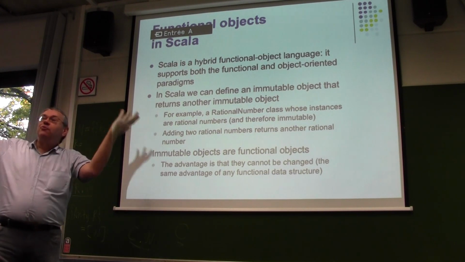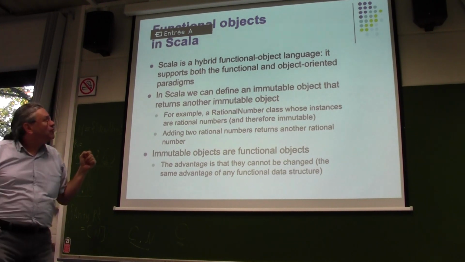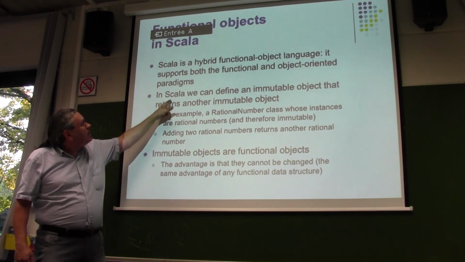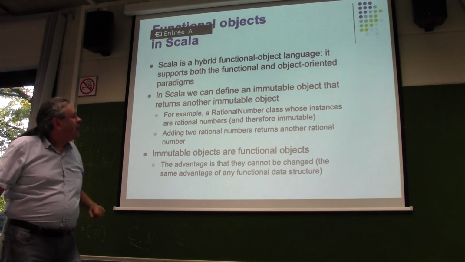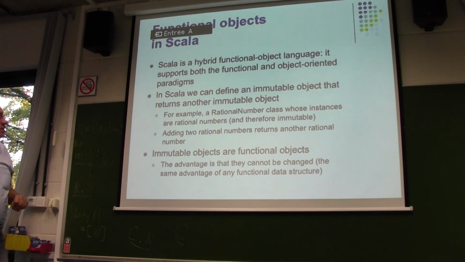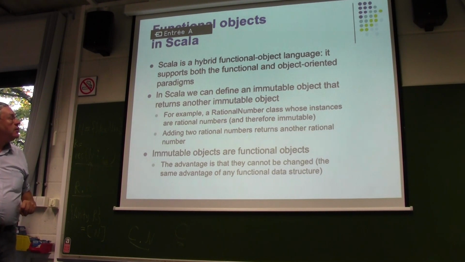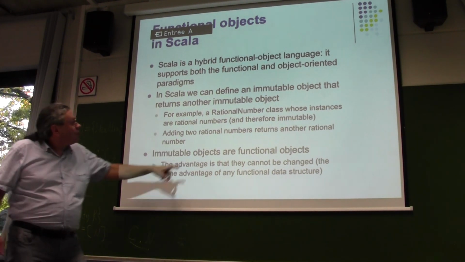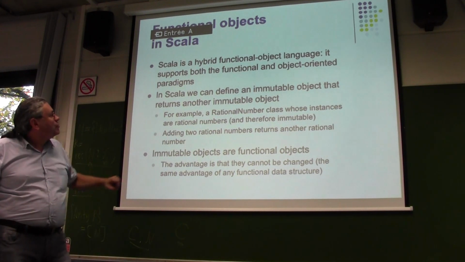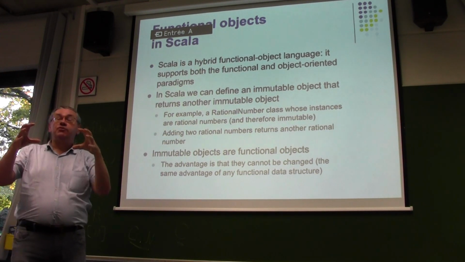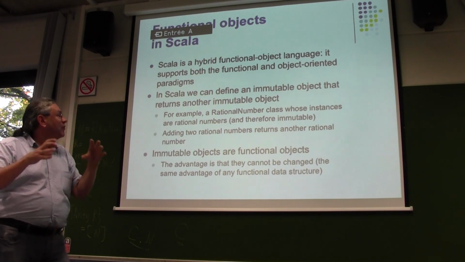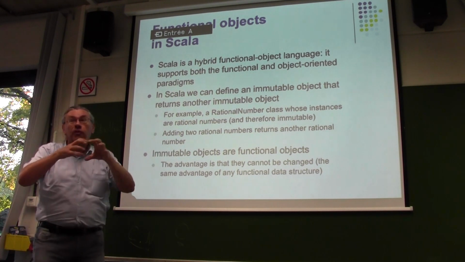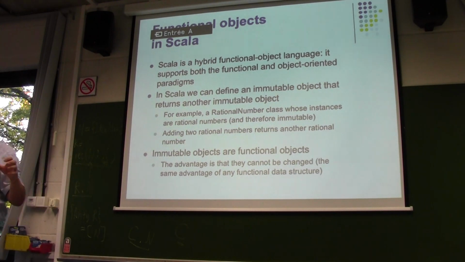So it's like a future next generation kind of Java. And in Scala, we can define an immutable object that returns another immutable object. That's exactly a functional object. Huh? You can define a rational number class whose instances are rational numbers, and so they're immutable, like 3/4 or 5/6. And if you add two rational numbers, it returns another rational number.